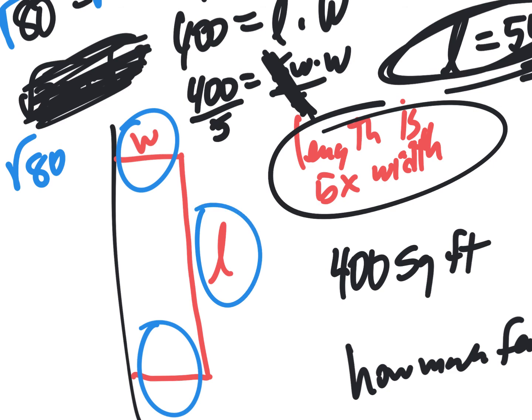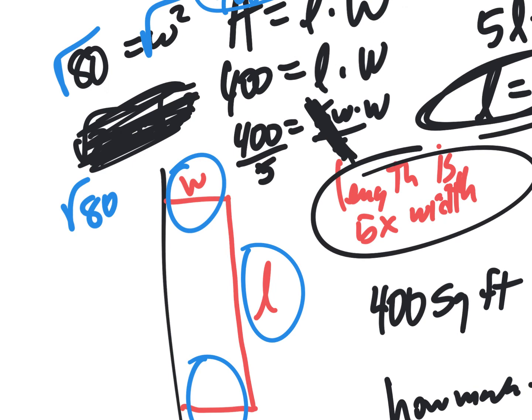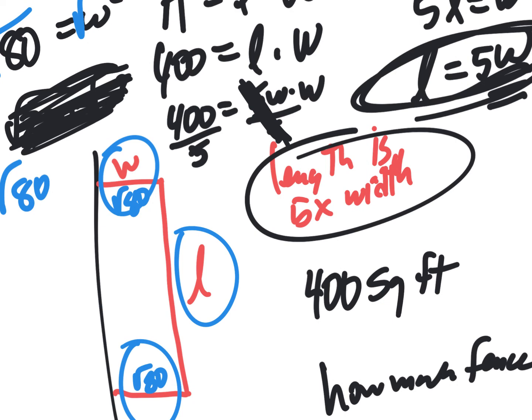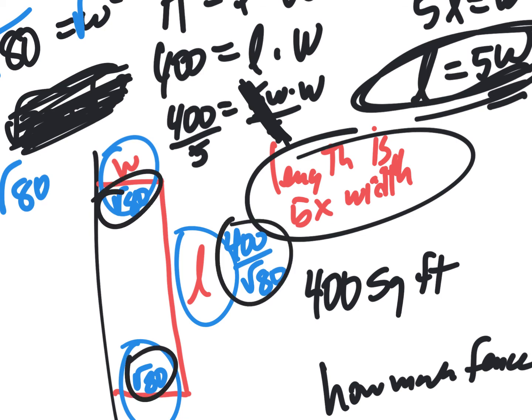That's how much fence you'd need. So this was 1 W, square root of 80. Square root of 80, another square root of 80 down here. And our L was 400 over the square root of 80. And I'd say it was this times 2 plus that. Since I can't have a calculator, that's how I'd have to leave it.